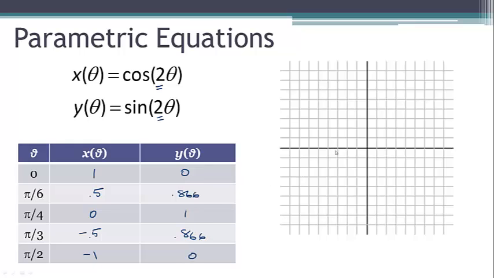So I'm going to go ahead and graph these, and I'm going to do kind of the same thing I did last time. I'm going to use 5 grid lines here to represent one unit. That'll make it easier to see what's going on.